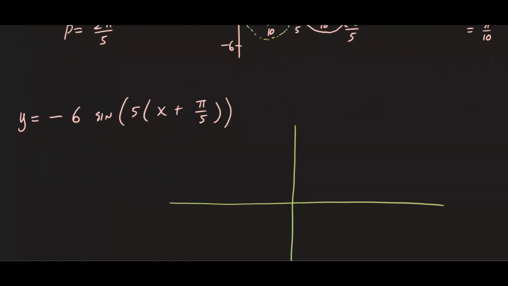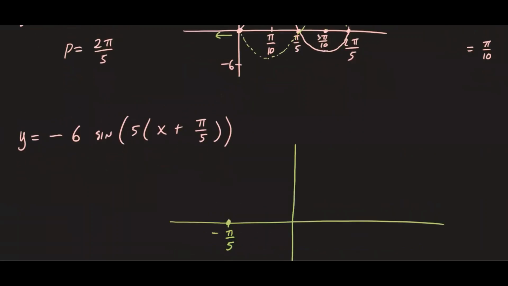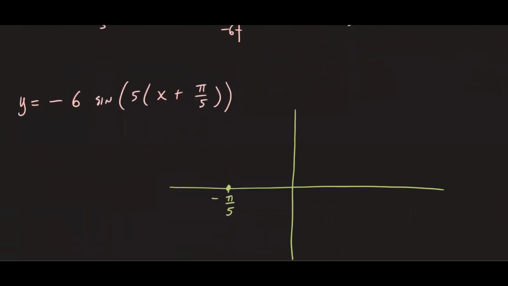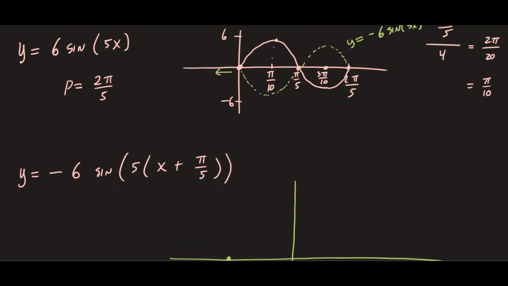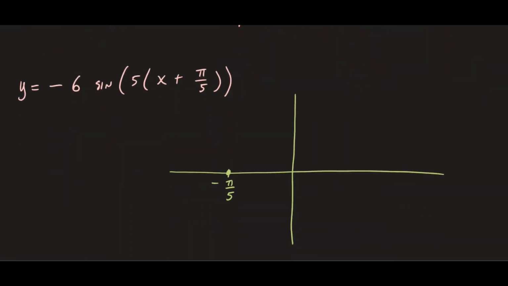So that would bring us right here, at negative pi over 5. So that's for the 0. Now it's at negative pi over 5. And then pi over 10 gets shifted left pi over 5 units. So that's going to be right here at negative pi over 10.